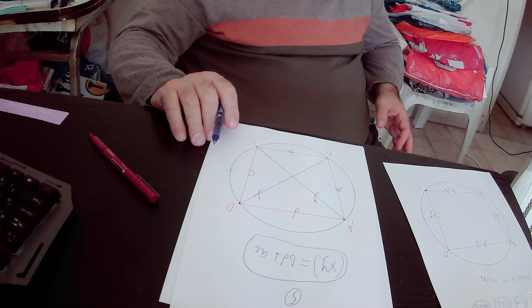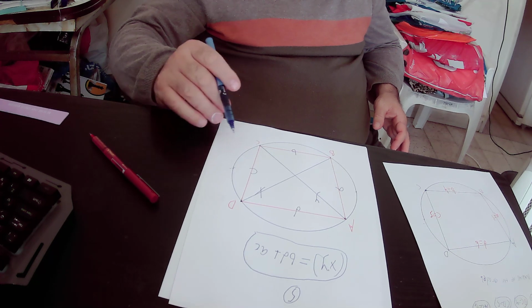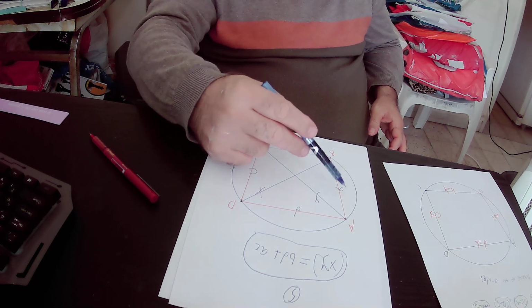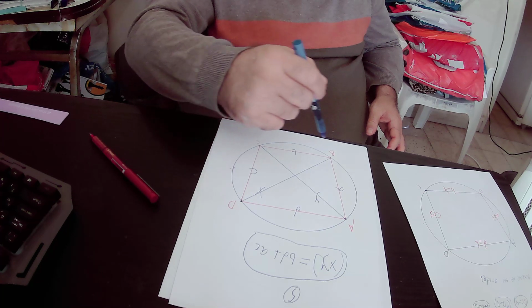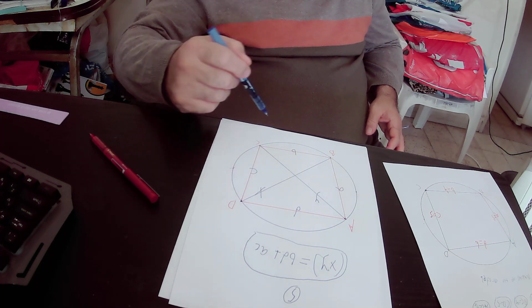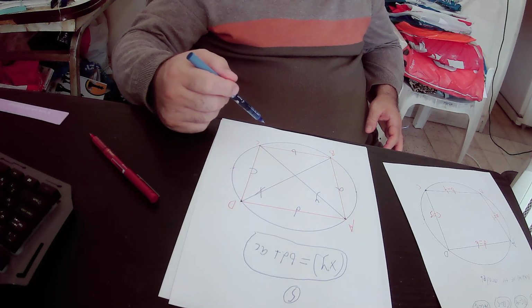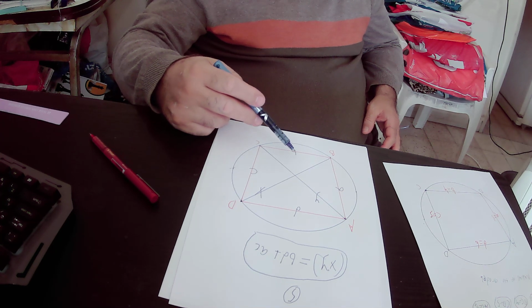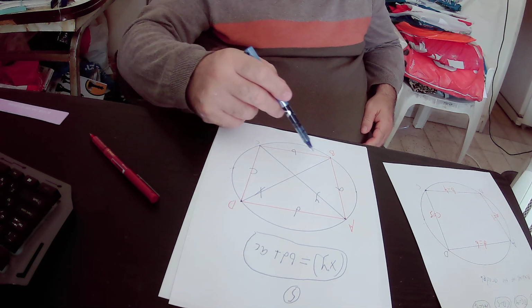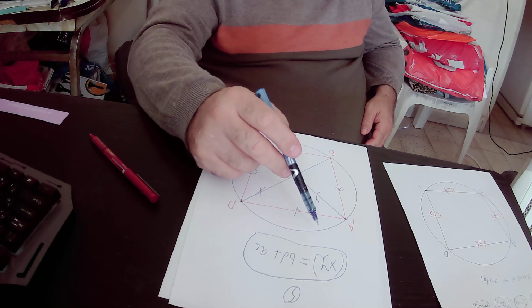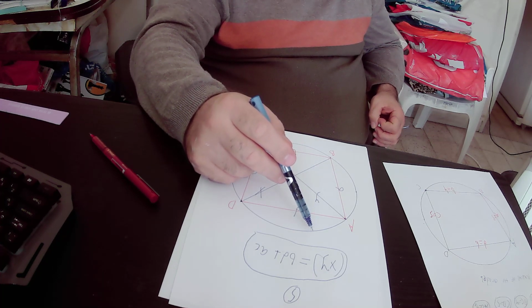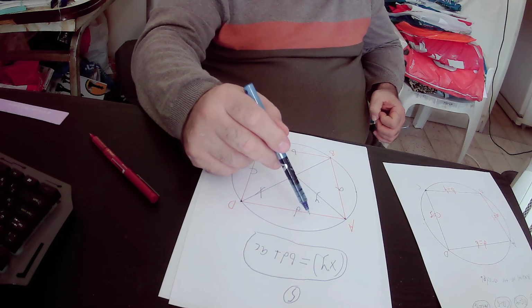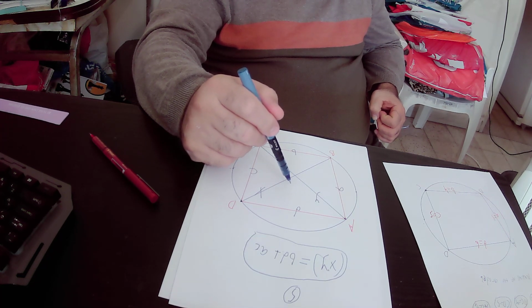I repeat again, if a quadrilateral is inscribed by a circle, like in this drawing where quadrilateral ABCD is inscribed by this blue circle, then the product of the diagonals of quadrilateral ABCD is X times Y, and this product equals the sum of the products of its opposite sides.